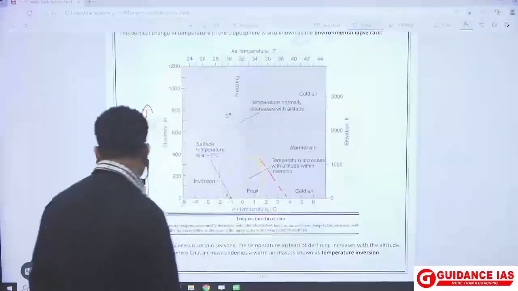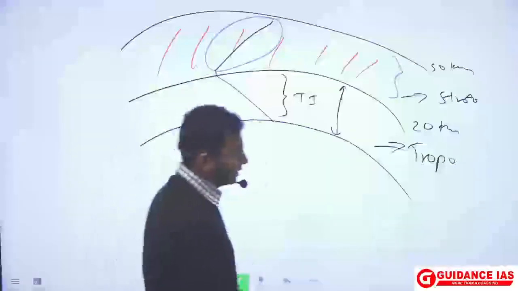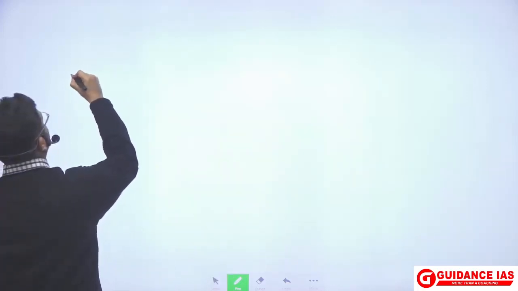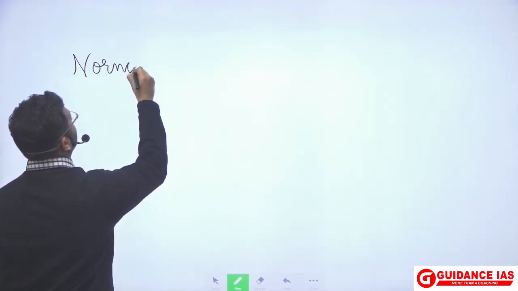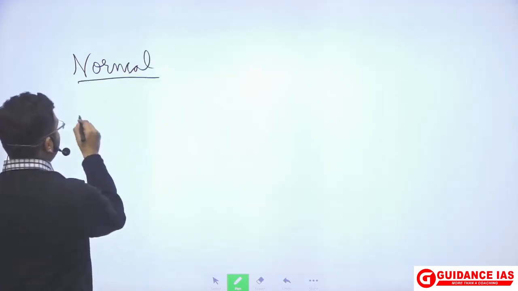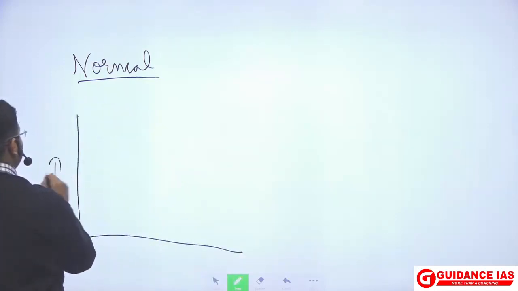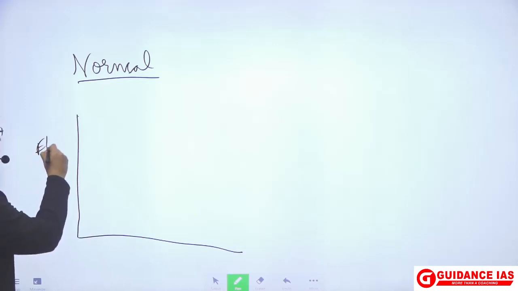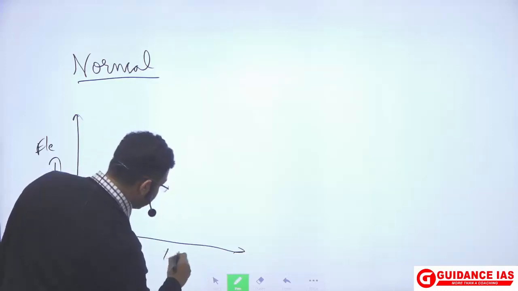Or should I explain with one more diagram? In normal conditions, this is elevation, temperature.